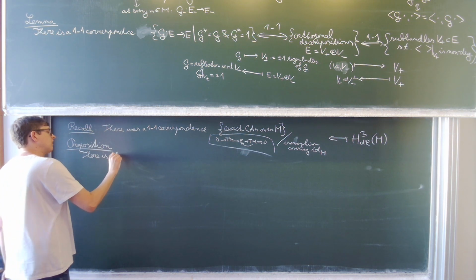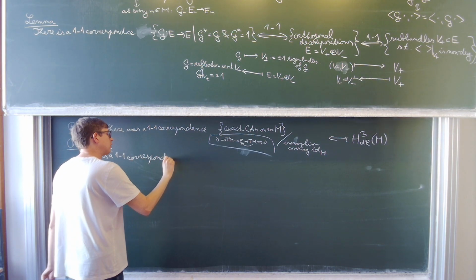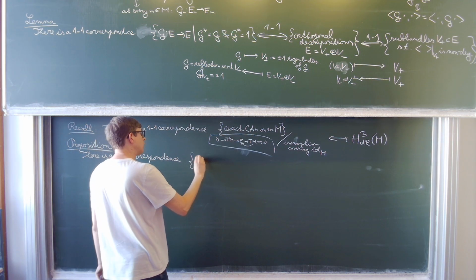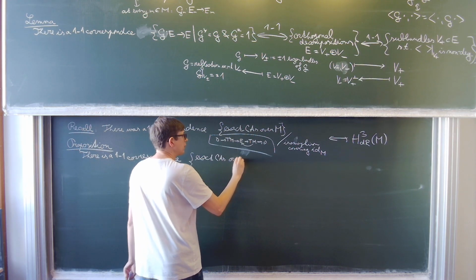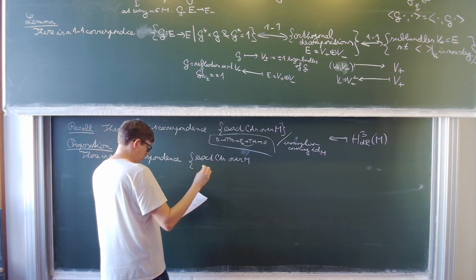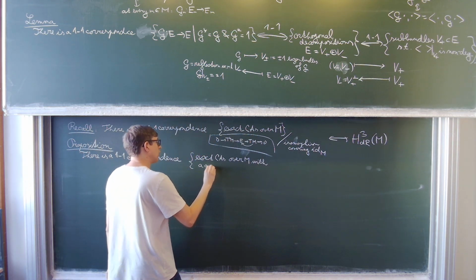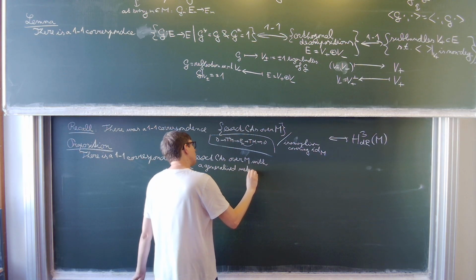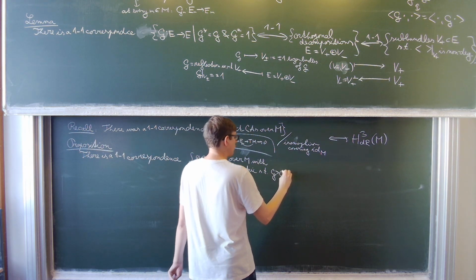There is a one-to-one correspondence between exact Courant algebroids over some manifold M with a generalized metric such that it's positive definite.